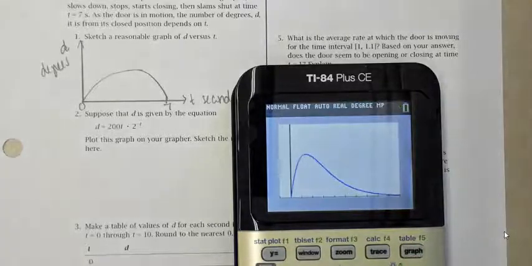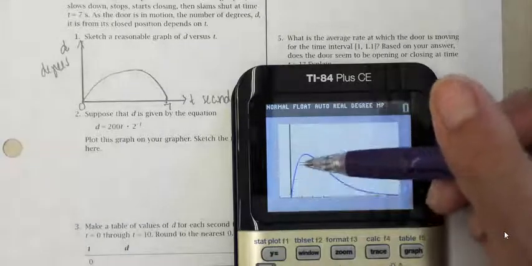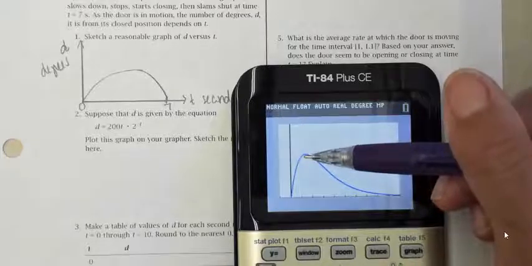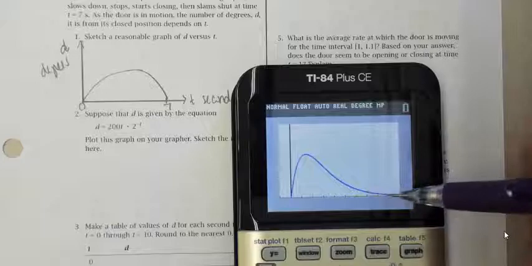Okay, it's kind of like what we did, sort of, right? But this one's opening way faster, kind of comes to a pause, turns around, and then closes at a kind of a slower rate there.